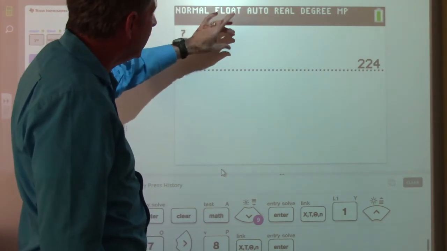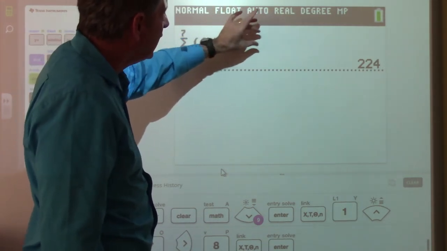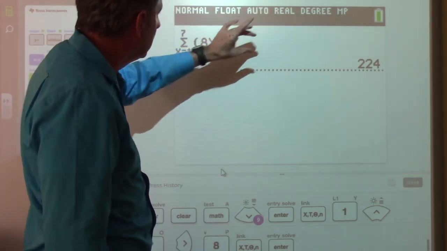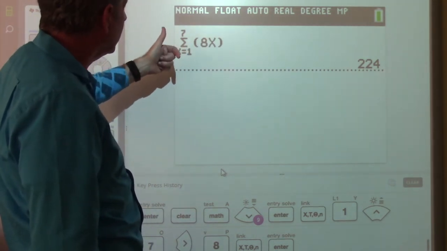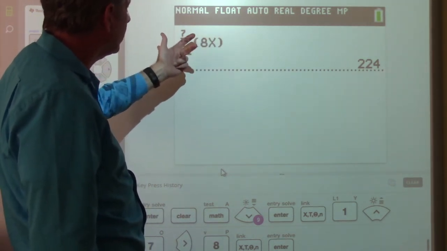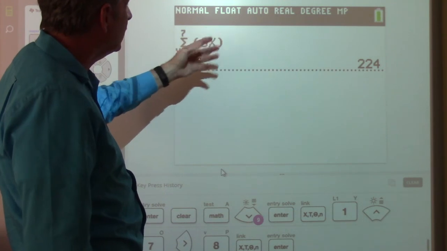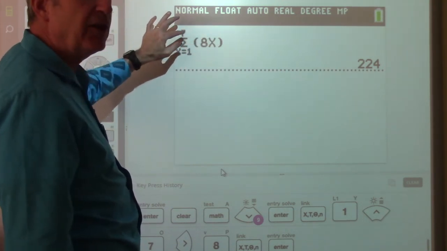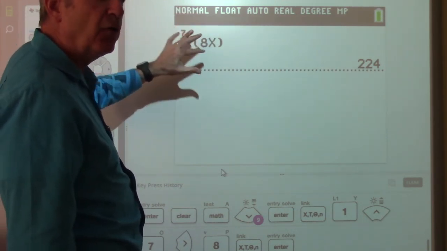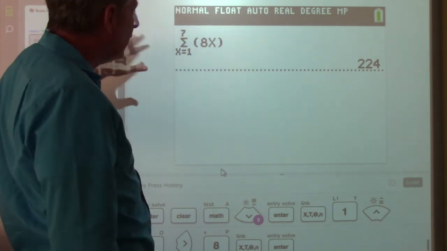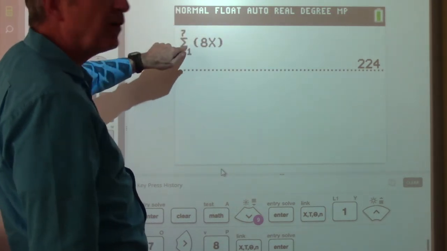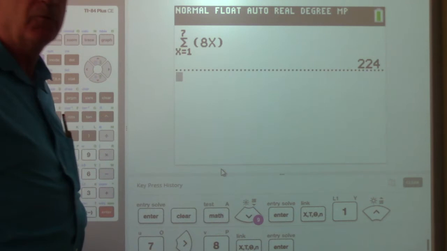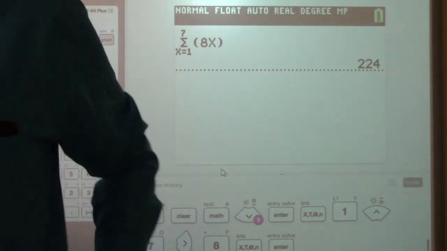So now you have 8 plus 16 plus 24. So that would be x equals 1, x equals 2, x equals 3. And you keep on repeating the process until x equals 7. And so that's what it does. It sums all that up. That is a summation symbol. So that's what the thing is doing.